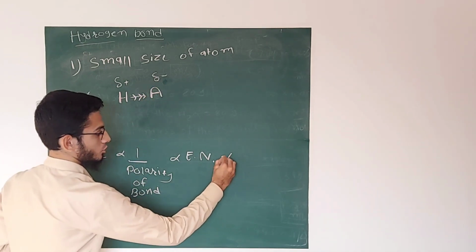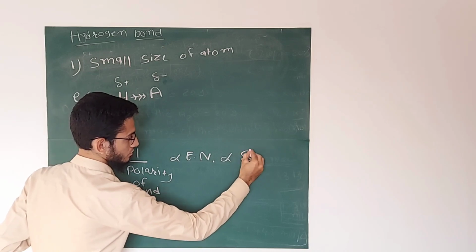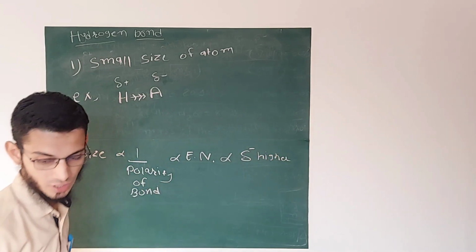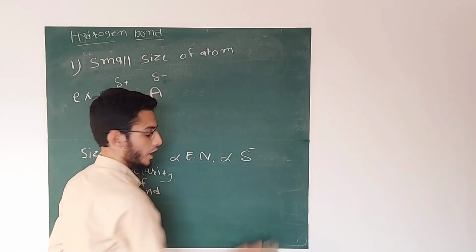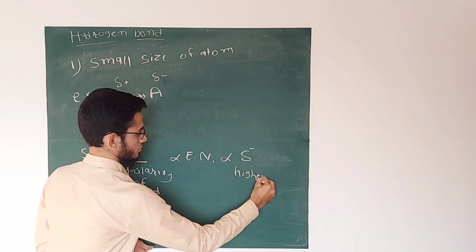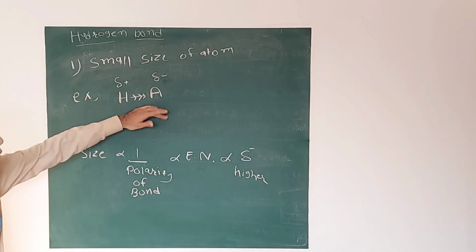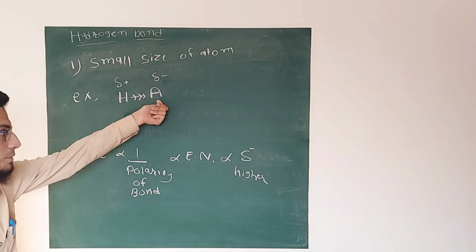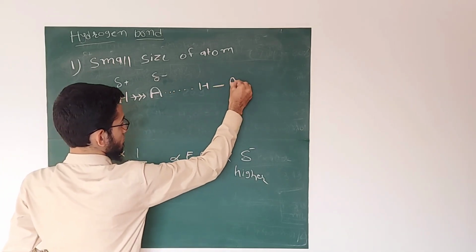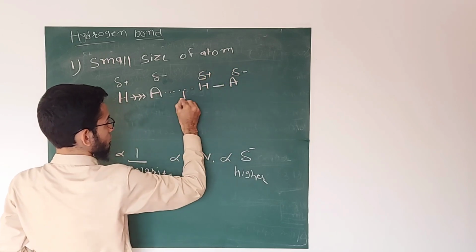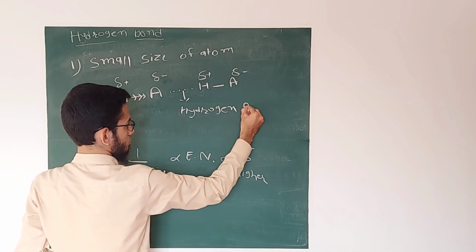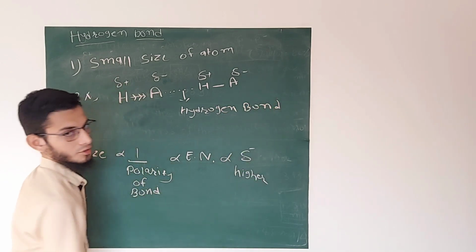Okay, partial negative charge will be higher. So more will be the partial negative charge on this electronegative atom. So the stronger the hydrogen bond.